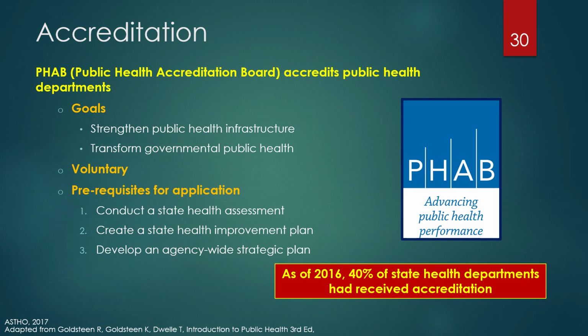The 3 prerequisites for submitting an application for PHAB accreditation are: conduct a state health assessment, create a state health improvement plan, and develop an agency-wide strategic plan. As of 2016, 40% of state health departments had received accreditation.